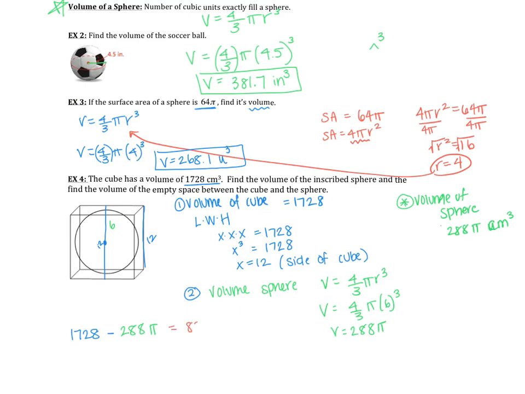Rounding that to the nearest tenth, I get 823.2 centimeters cubed. And this here is the volume of the empty space between the cube and the sphere.